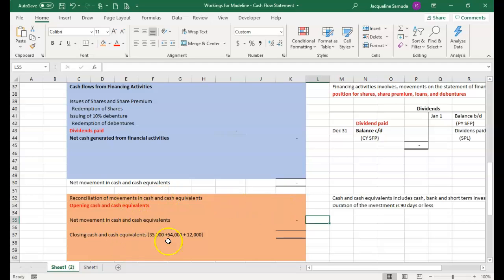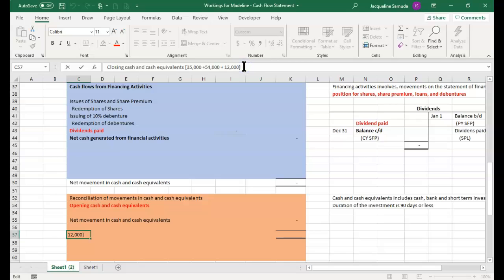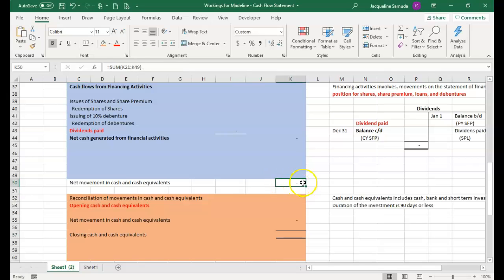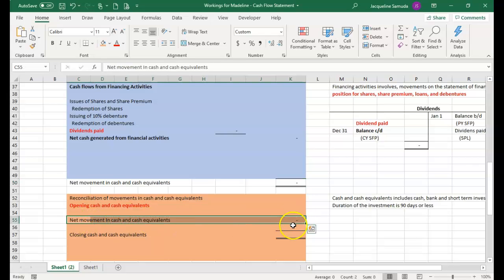So the fourth section represents a reconciliation of this cash and cash equivalents. So whatever figure we find here must be the same figure we're going to find here.